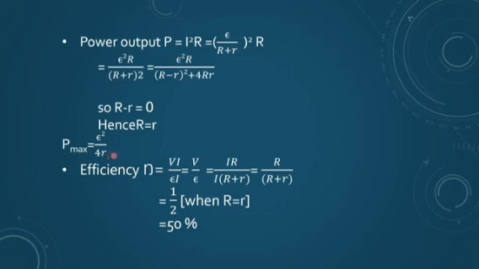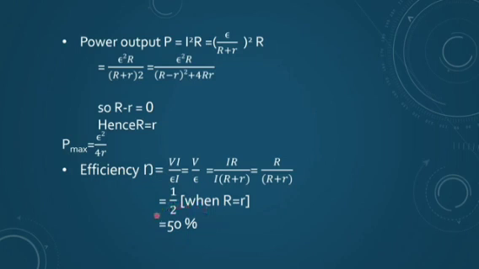But still, if you want to find the efficiency, which is equal to VI upon epsilon I, output power divided by input power, output is terminal potential difference, input is EMF. If you put the values of V and epsilon, you get that when I put capital R equals small r, efficiency is only 50%.